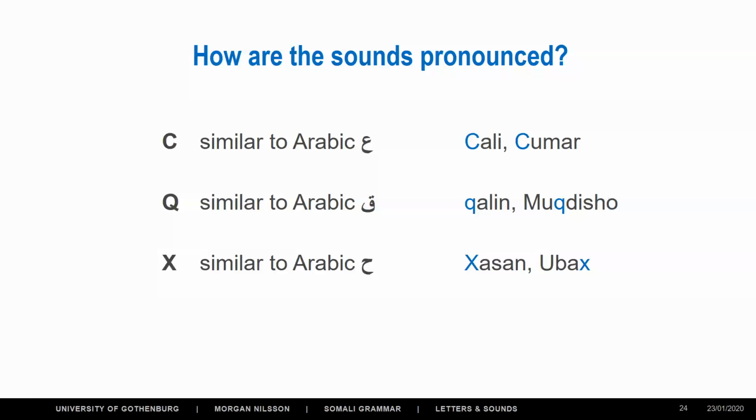It's similar to the Arabic letter that looks like this, and it's pronounced in a way that resembles H quite a bit, but again, you make the passage for the air more narrow at the back of the mouth by pushing the root of the tongue backwards, downwards.